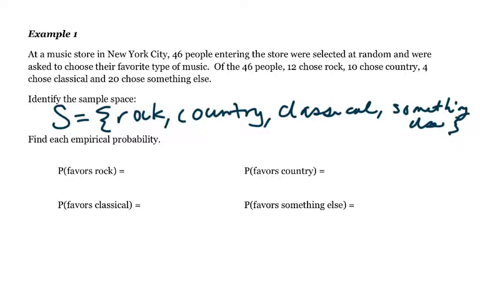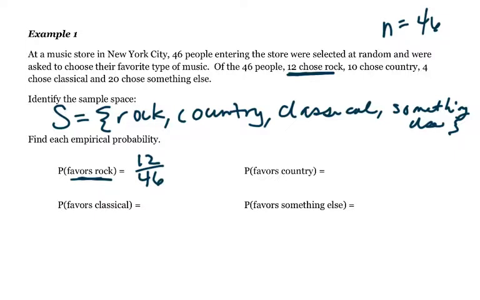Now, this is empirical because it's based on an experiment. We asked 46 people, so our N, or number of people surveyed, is 46. So that's the total number of outcomes that we have. Then our empirical probability will be the number of times each of these occurs. The empirical probability that somebody favors rock would be 12 over 46.